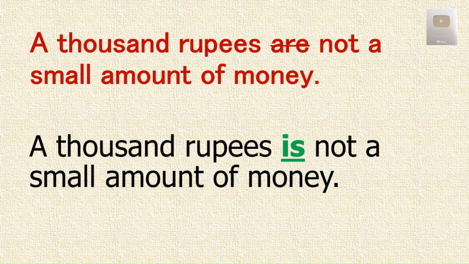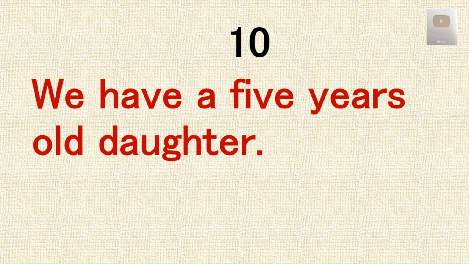Look at the article a. Tells you immediately that although rupees is a lot of money, 1,000 rupees is a singular subject. So we say 1,000 rupees is not a small amount of money. Not are, but is. Here is the last sentence.